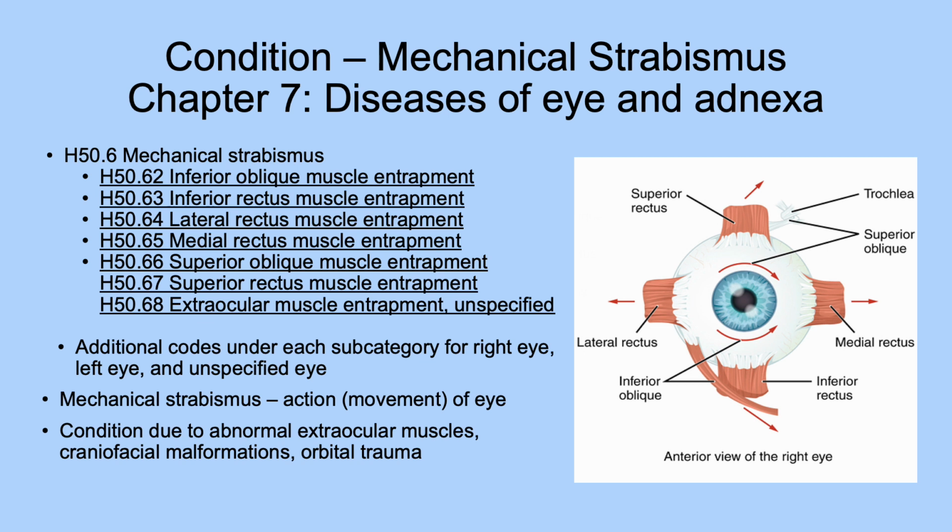This is abnormal muscles, or it could be craniofacial malformations that trap or restrict the muscle, or orbital trauma, that injury which restricts the muscle. You can see the very, very specific muscles, and those muscles are shown in the picture, so you can see which one they're talking about. Inferior oblique, inferior rectus, superior oblique, superior rectus, etc. So very, very specific codes.